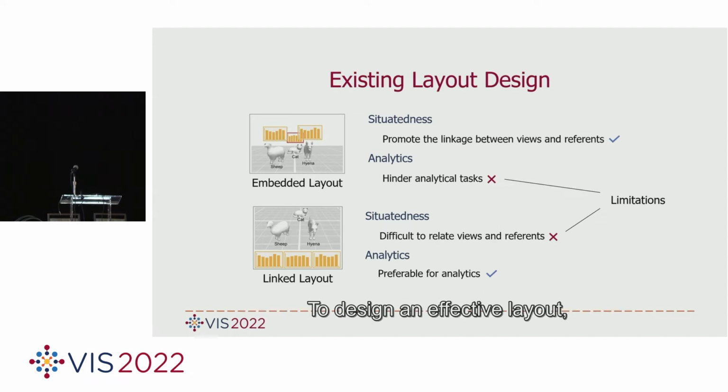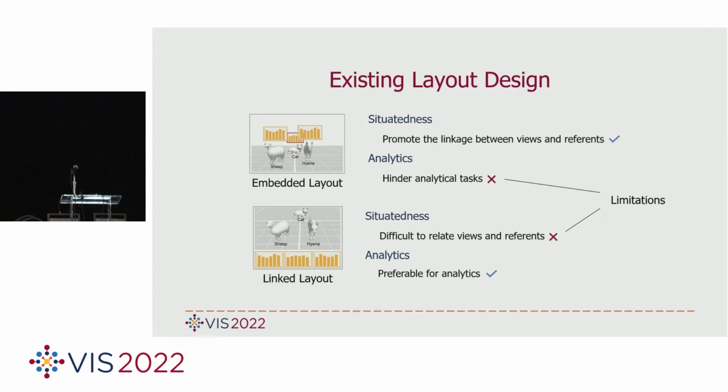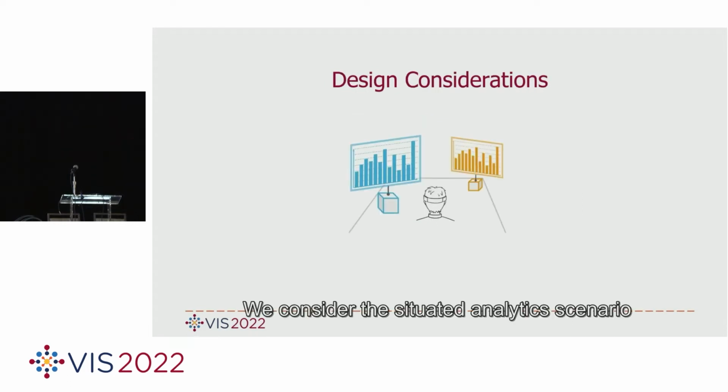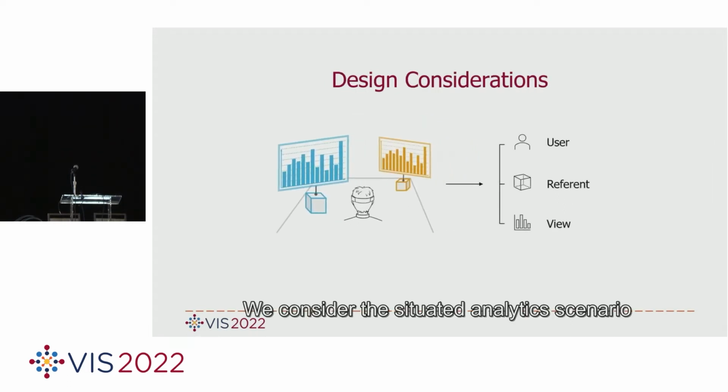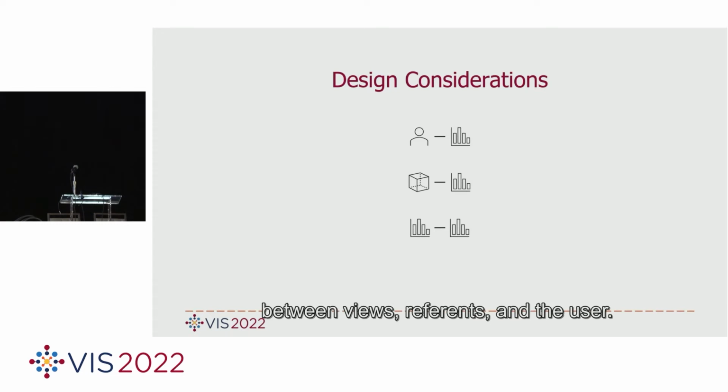To design an effective layout, we summarize design considerations for achieving high situatedness and effective analytics simultaneously. We consider the situated analytics scenario as a composition of the user, reference, and views. When placing views, we need to consider three types of relations between views, reference, and the user.